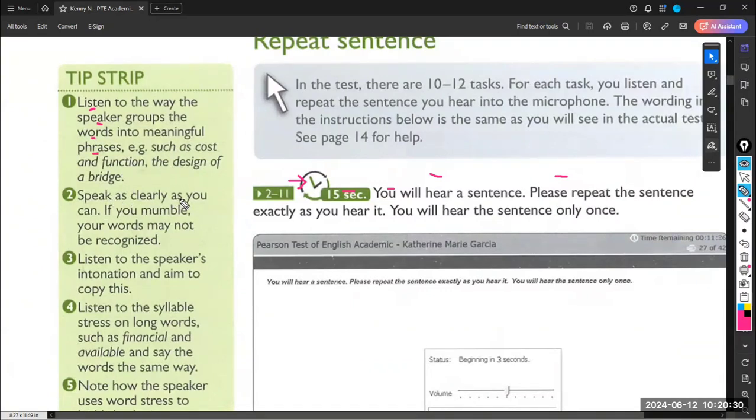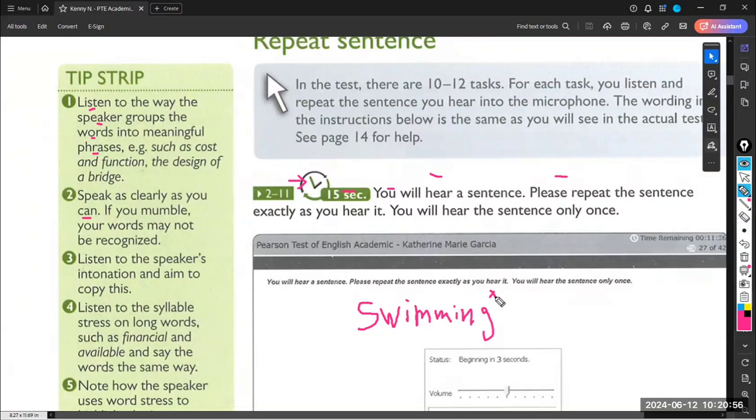So speak as clearly as you can. I mean, Ali, please, as I told you in the beginning of the class, don't try to say, for example, instead of saying swimming, some students say swimmin'. I'm going swimming this evening. To be honest, you don't have to delete or omit the G. You have to pronounce the word clearly and completely.